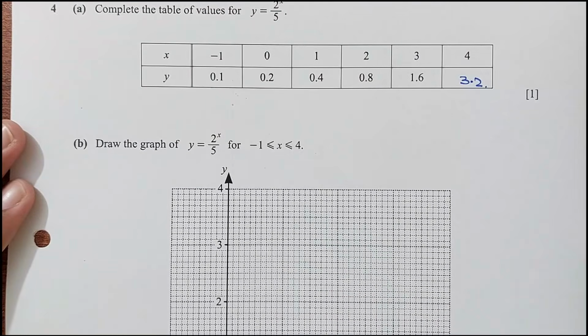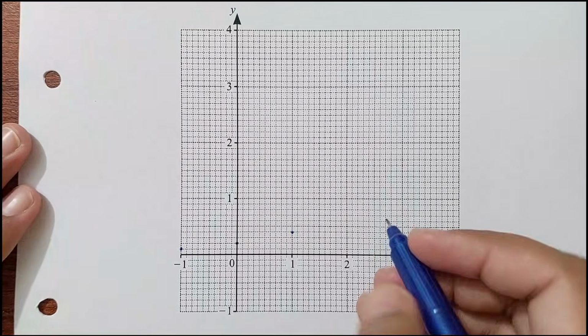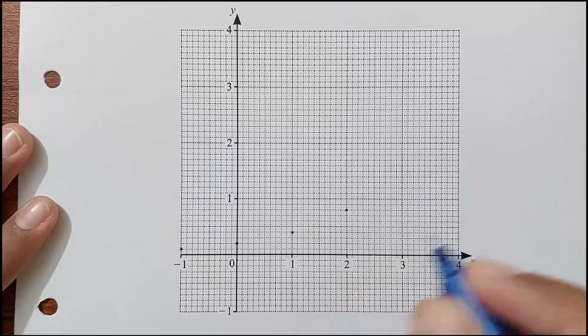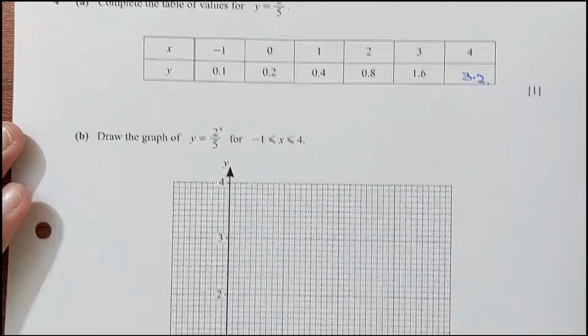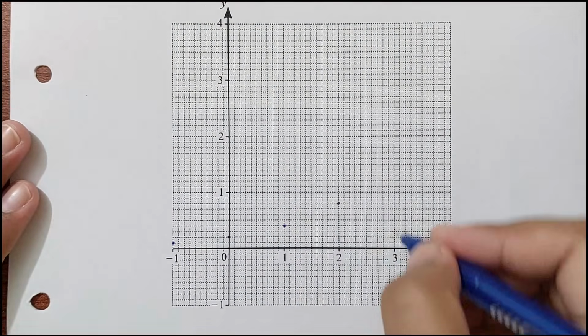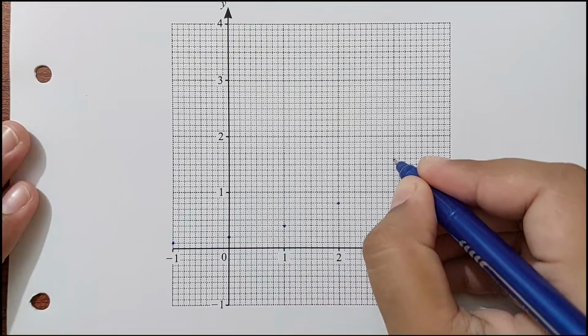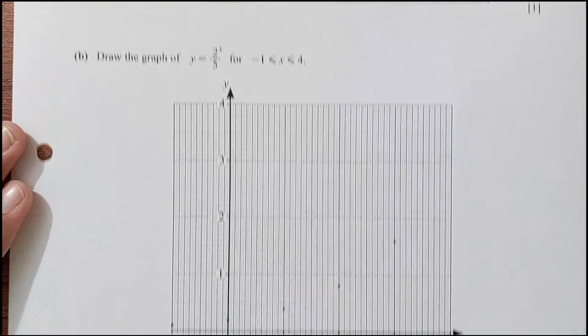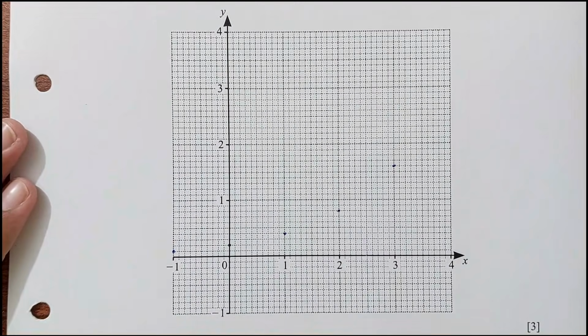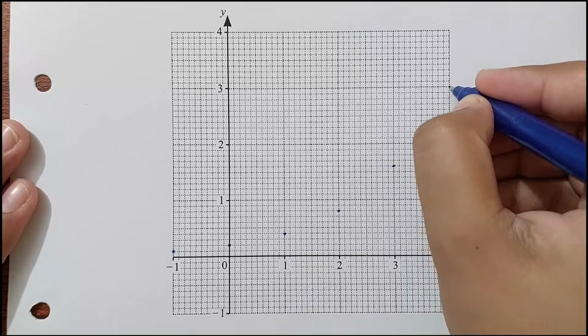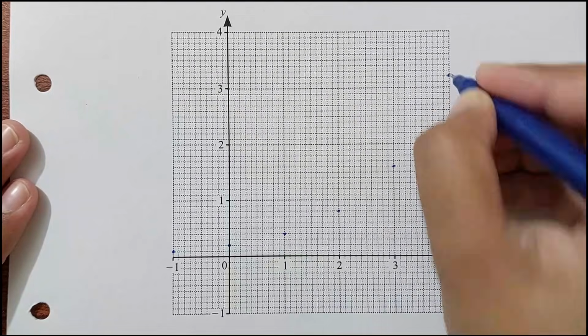At x equals 2, y is 0.8. At 3, it is 1.6. And at 4, it is 3.2.